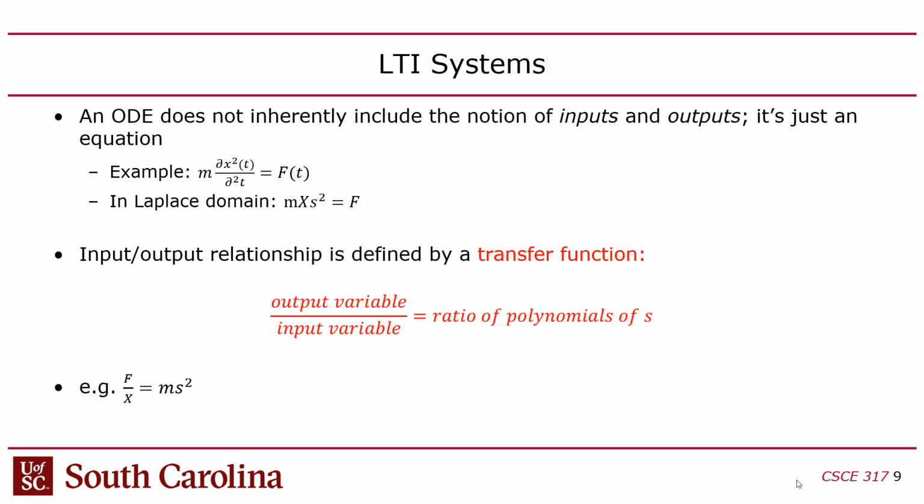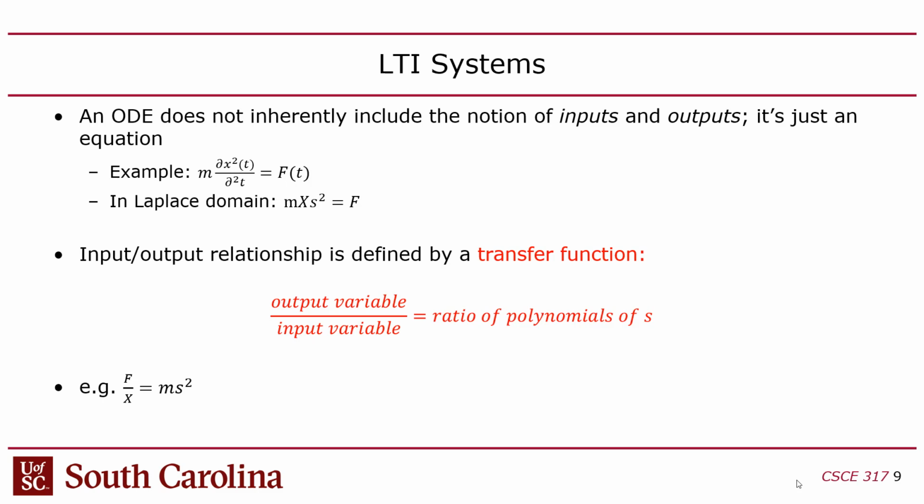And then you can also take this, which is in the time domain, and convert it to the Laplace domain, where instead of being a function of t, it's a function of s. So it's in the frequency domain. In this case, you just take the second derivative and replace it with s squared, right? And the constants stay the same, so m stays the same.